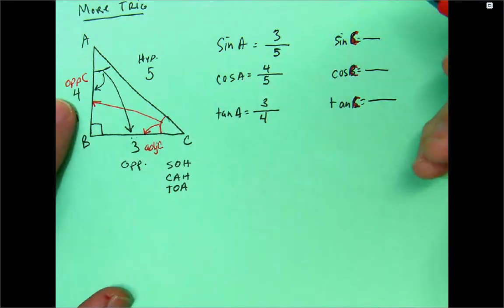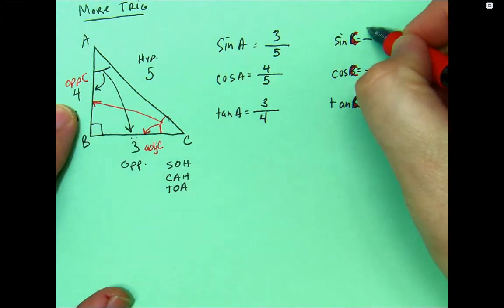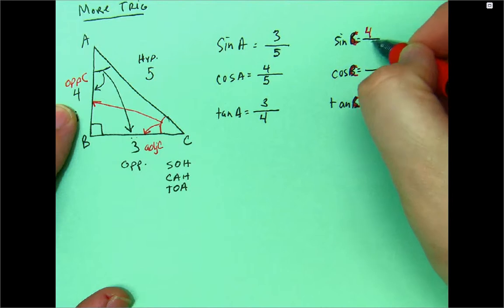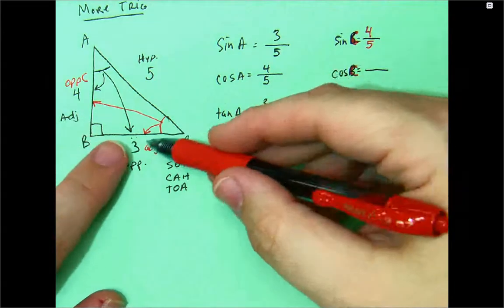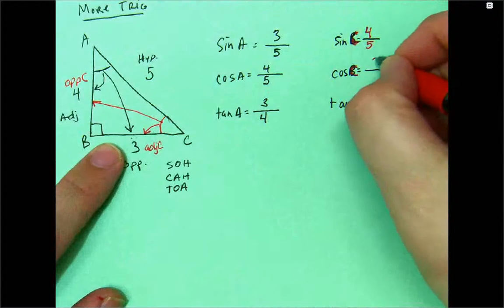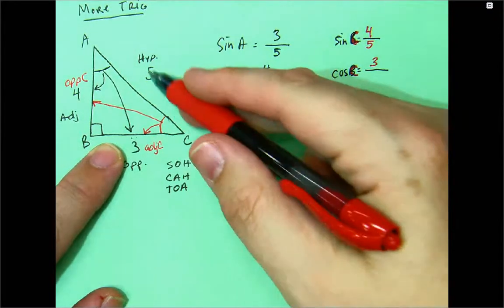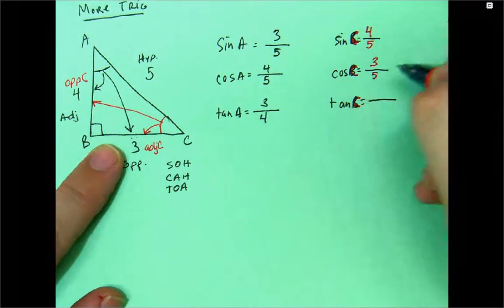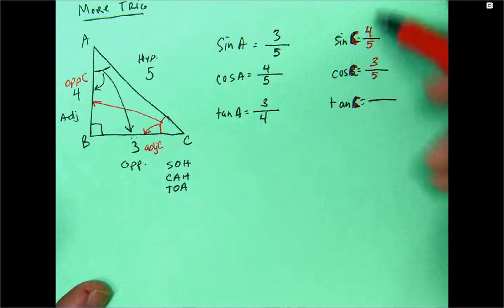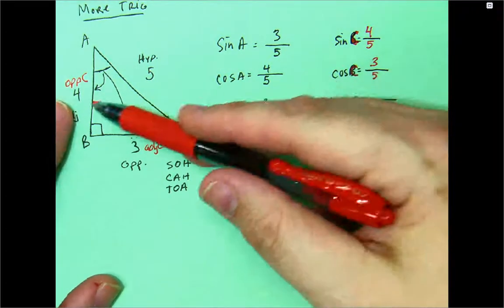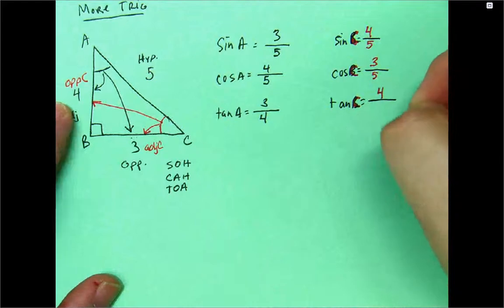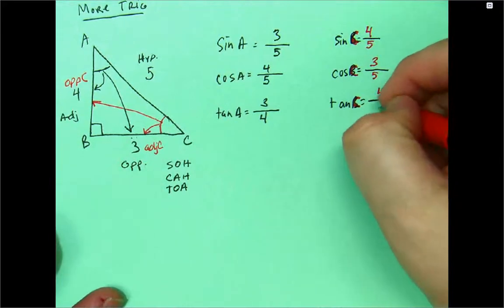What's the value? 4. So it's 4 over 5. So now for angle C, the adjacent side is 3 and the hypotenuse is 5. And the tangent is now going to be opposite, which is 4, over adjacent, which is 3.